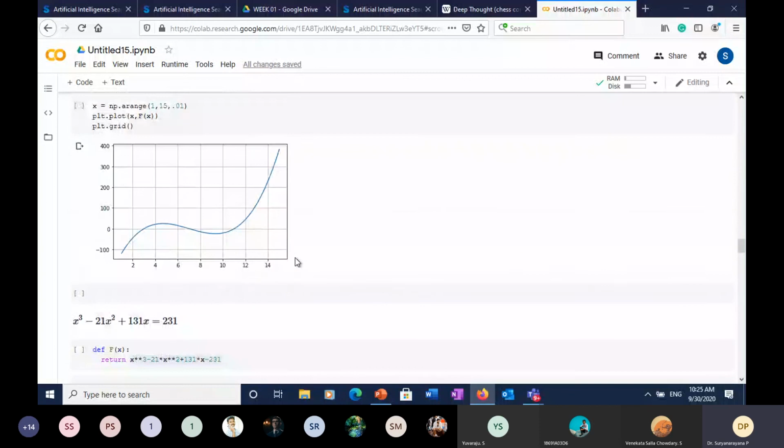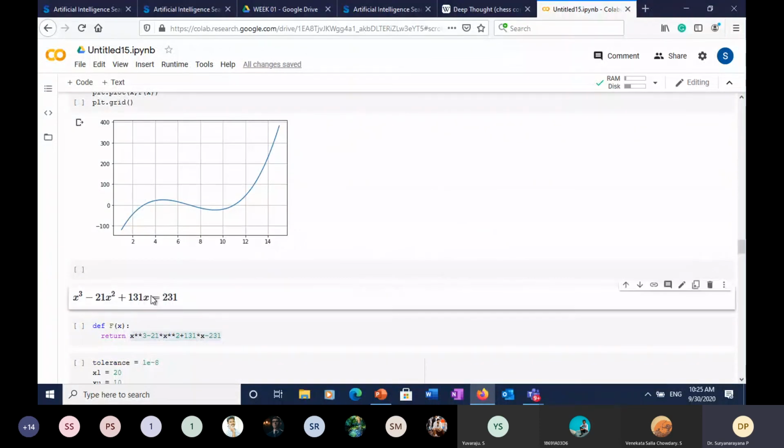So then we decided to do this one, a cubic equation. x cubed minus 21x squared plus 131 times x equals 231. If you're solving an engineering problem and you arrive at an equation like this, and now you're required to find for what value of x this equation is satisfied, you cannot solve this equation right now. You need a special method. How do you solve a cubic polynomial?